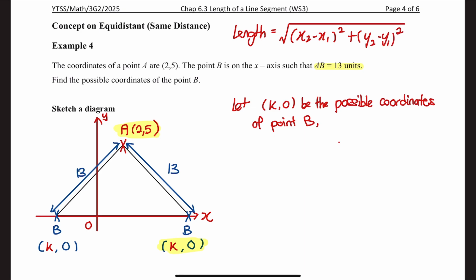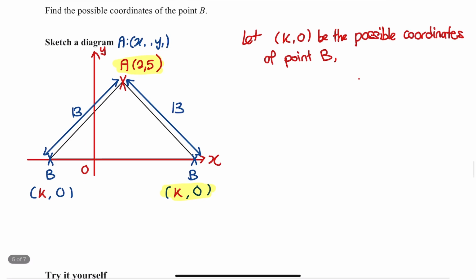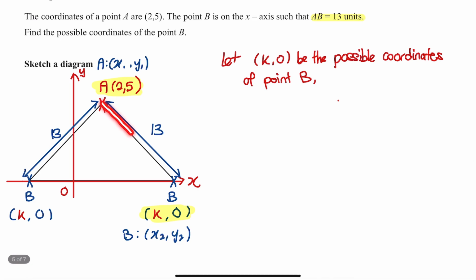Okay, so therefore I can look at my A and B over here. I can call this point A x1 comma y1. Point B here I call this x2 comma y2. Okay, so therefore the length, I know that the length of AB is 13 units.